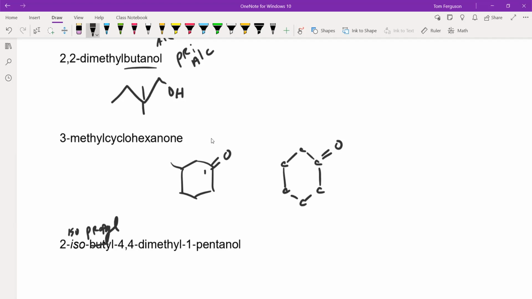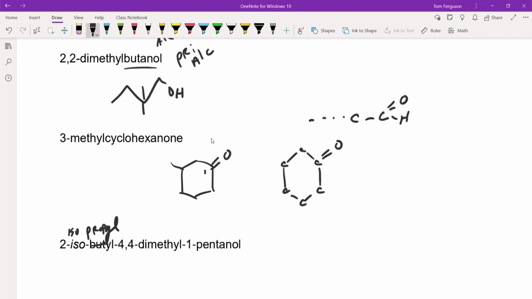So that's 4 bonds. Notice there are no hydrogens there. An aldehyde has a hydrogen there. So the fact that there's no hydrogen there means it's automatically a ketone.